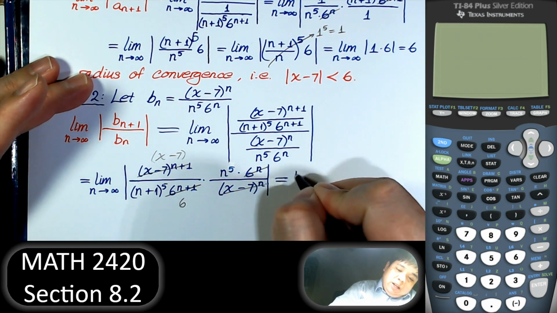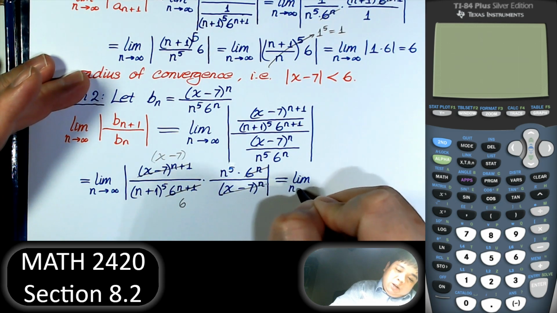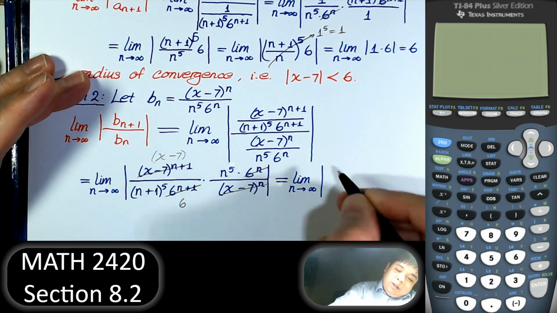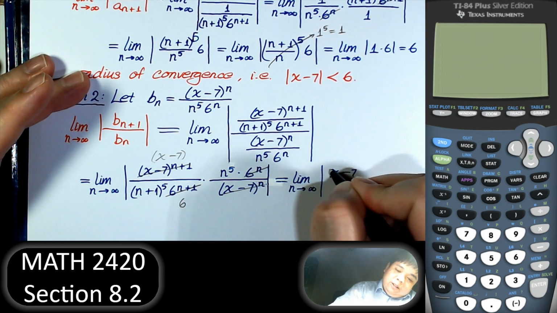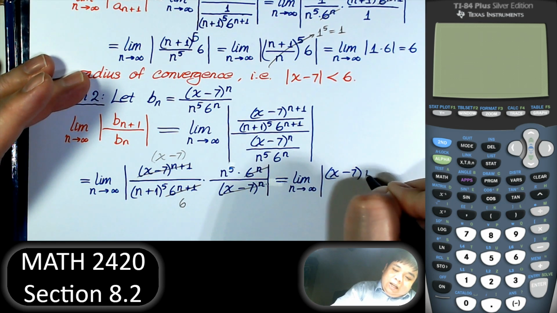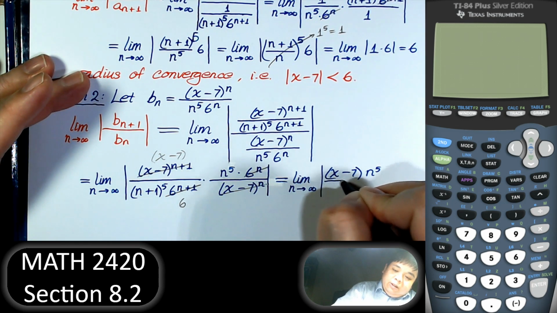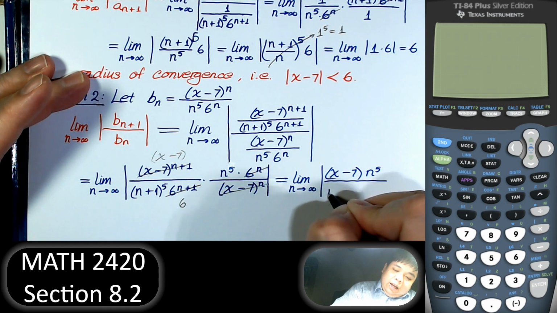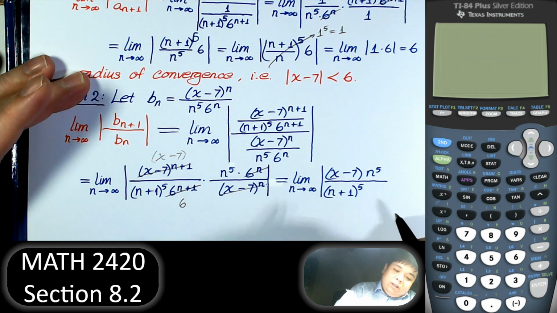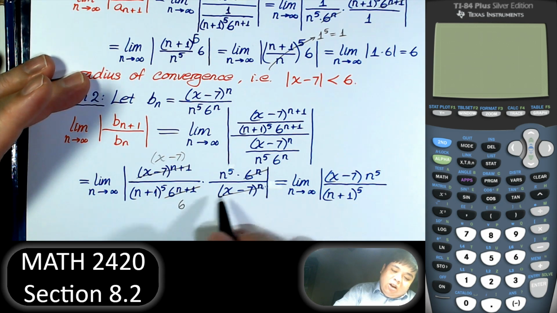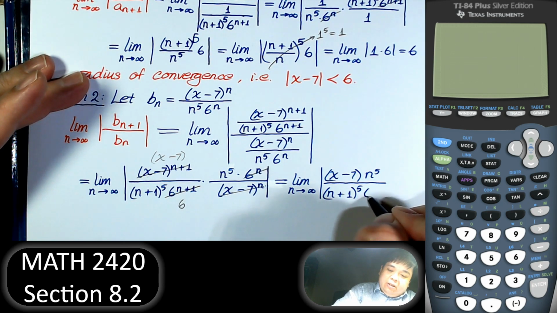So we will have the limit as n goes to infinity, x minus 7 over 6 times n to the 5th over n plus 1 to the 5th. That's gone, but we still have 6.